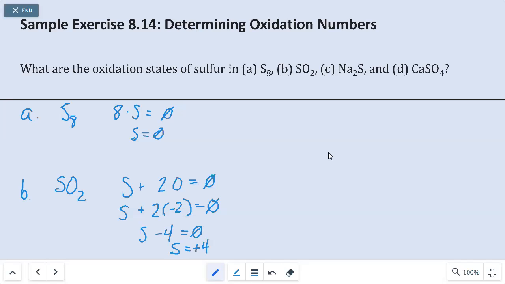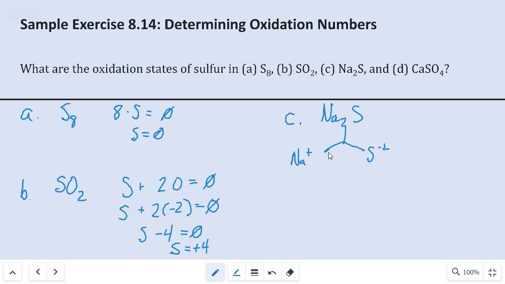All right, let's look at letter C. Letter C, we have sodium sulfide. When we have ionic compounds like this, what we need to do is break them apart into their ions and evaluate each ion individually. So sodium sulfide, I've got the sodium ion and I've got the sulfide ion.